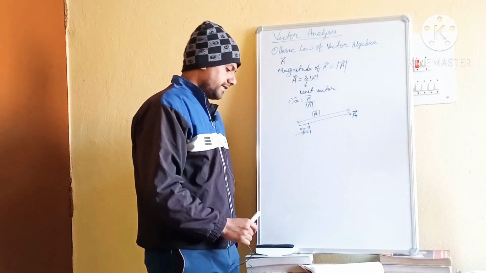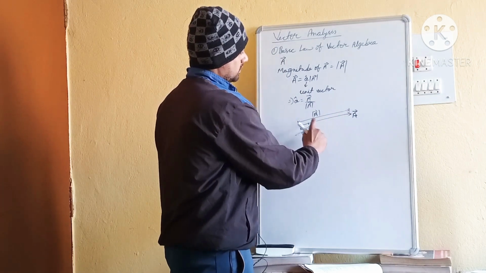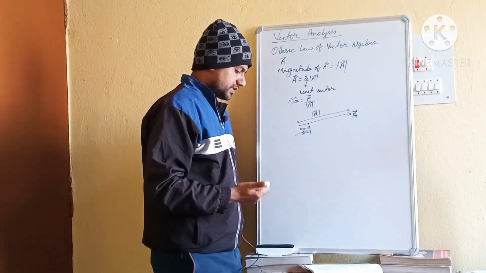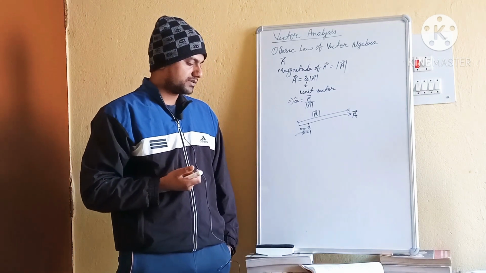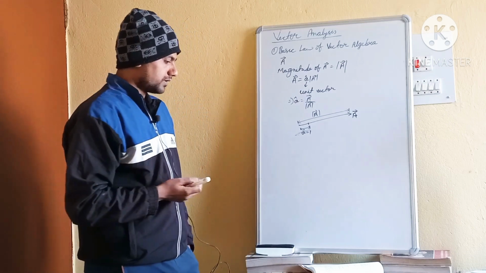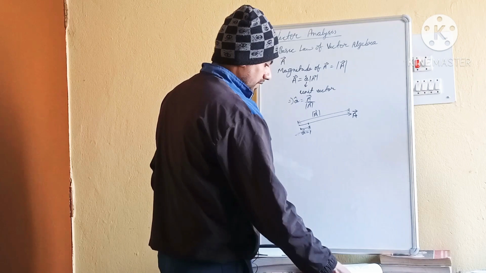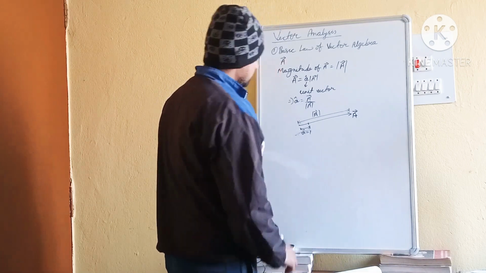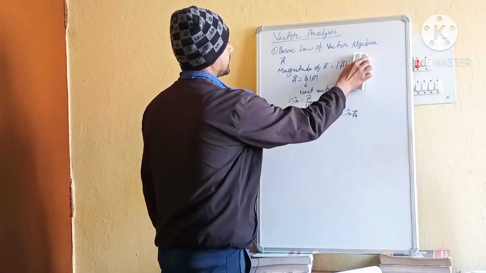So this one is done. Next, how we represent a vector in the Cartesian coordinate system. That is what I am going to show you. Before going to that, I think we should erase this because it will take space.